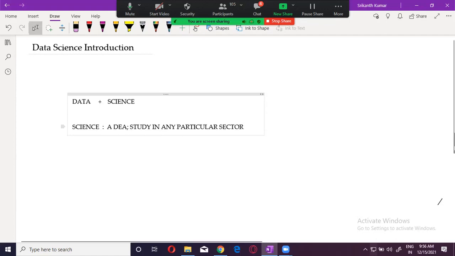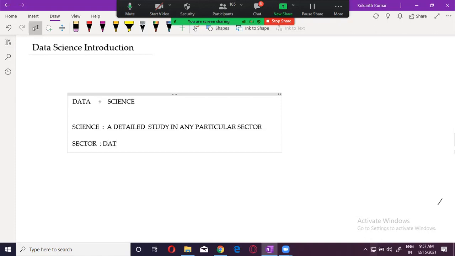Now this, okay, I wrote it wrongly over here. A detailed study in any particular sector is called science. Now which sector are we using over here? We are using a sector called data.